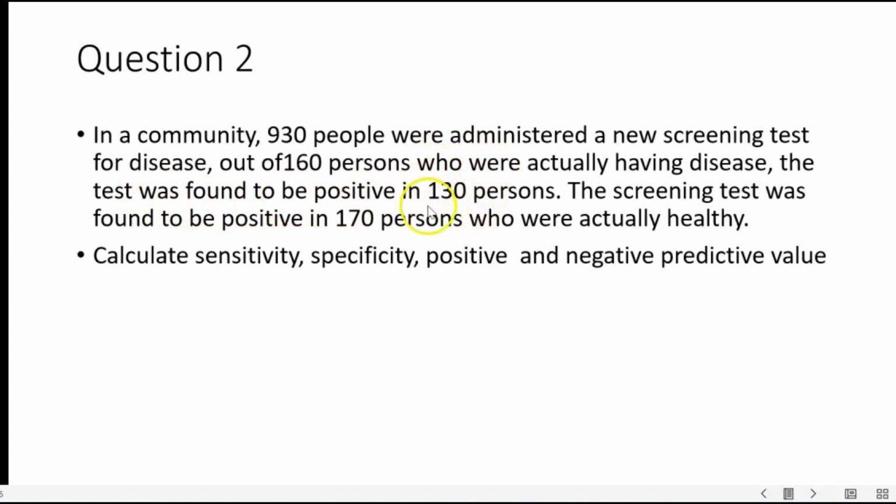So this 130 is your true positive. The screening test was found to be positive in 170 who were actually healthy. So calculate these values, and please write in the comment section whether you are able to make a 2 by 2 table on your own.